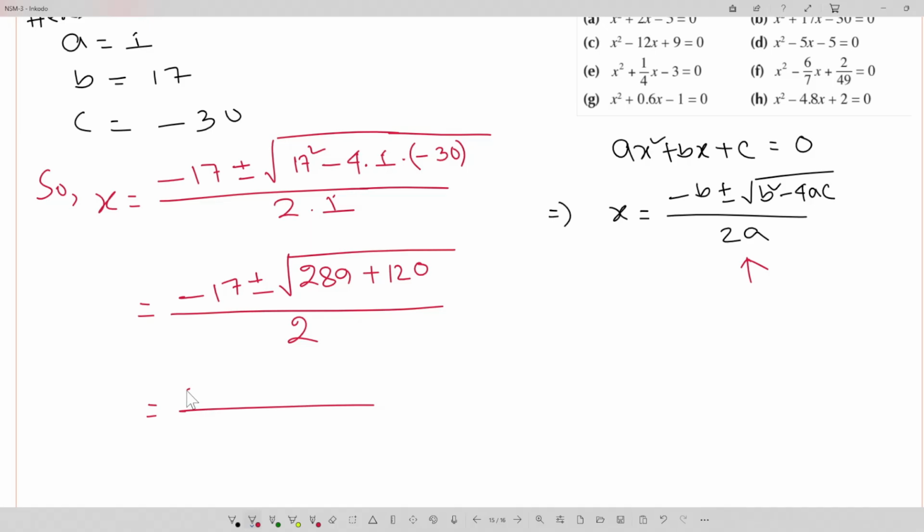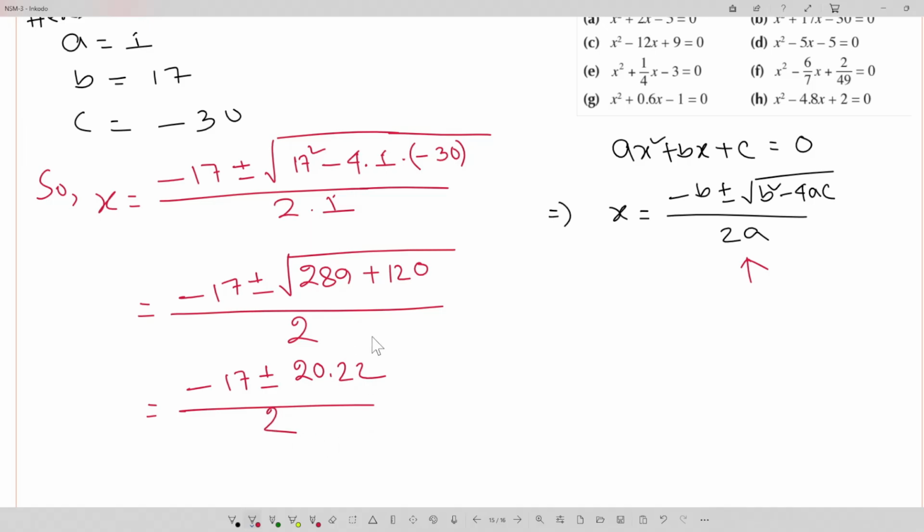Now look, minus 17 plus minus, so 289 plus 120 will be 409. So 409, is it a perfect square? Whether it is a perfect square or not doesn't matter. If we take the square root, we will get 20.22, right?